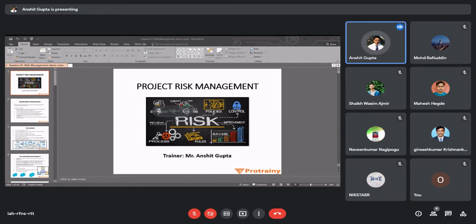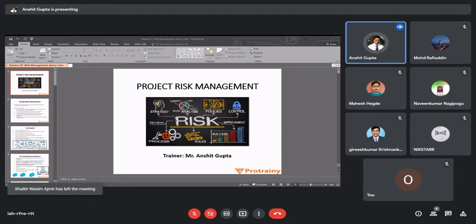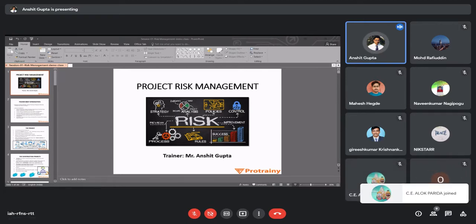So before understanding what risk management is, we need to understand a few things about the project. The things that we'll discuss today are what a risk is, what an uncertainty is, what risk management is, and why we as civil engineers, or as people who work in the construction industry, must learn risk management.